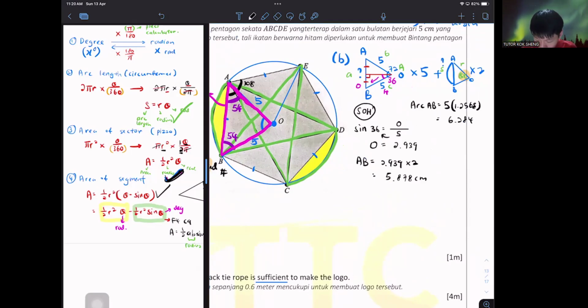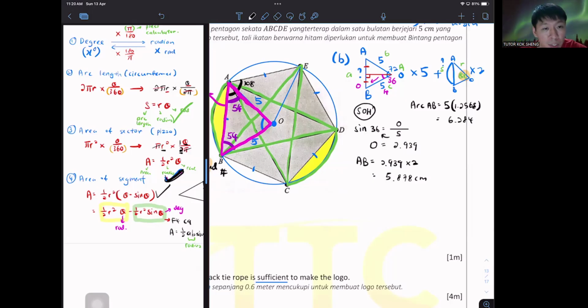Okay, so let me check the answer again. 9.5. Different length. Why is it different?